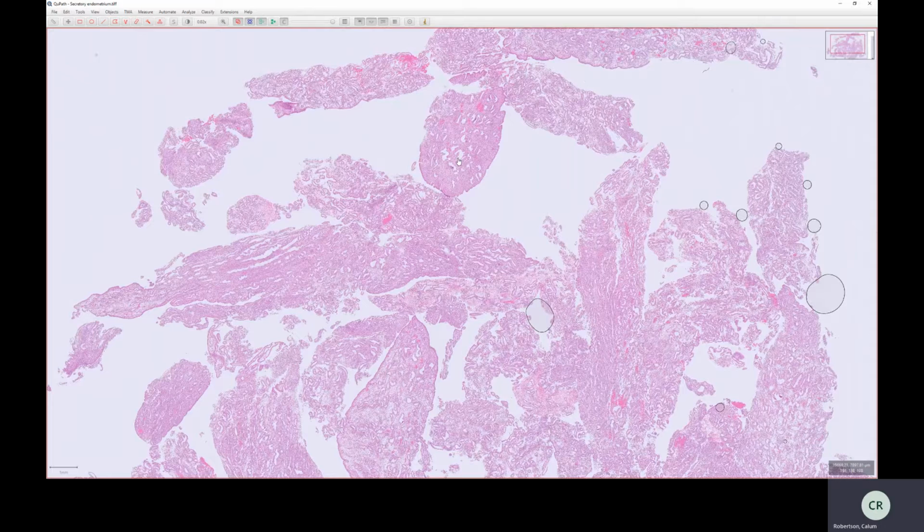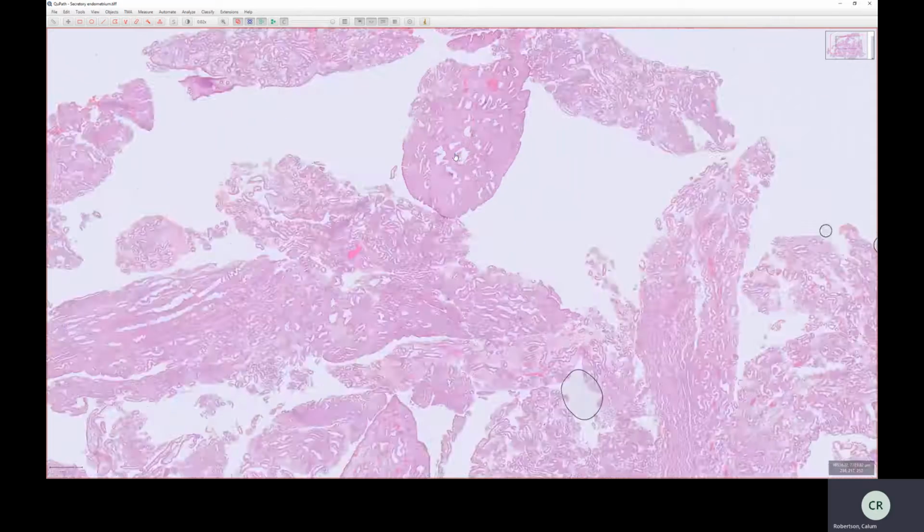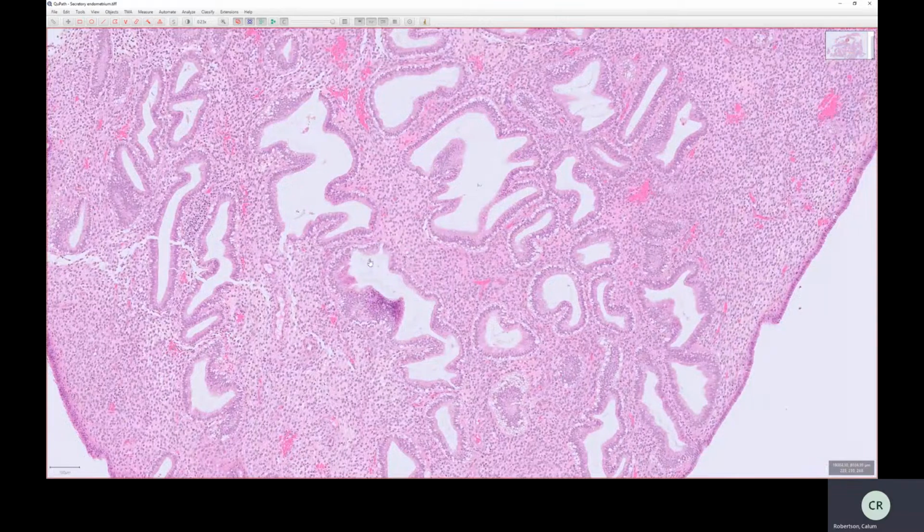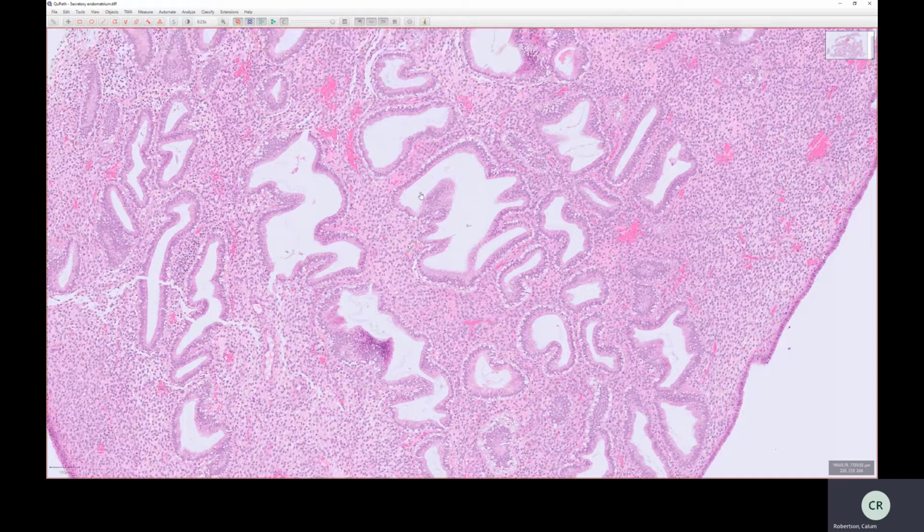So let's look at higher power. Let's look a bit more closely at these. You can see here within the glands, there's material that's been secreted into the lumen. If we look around, we can see we've got a completely different architecture.